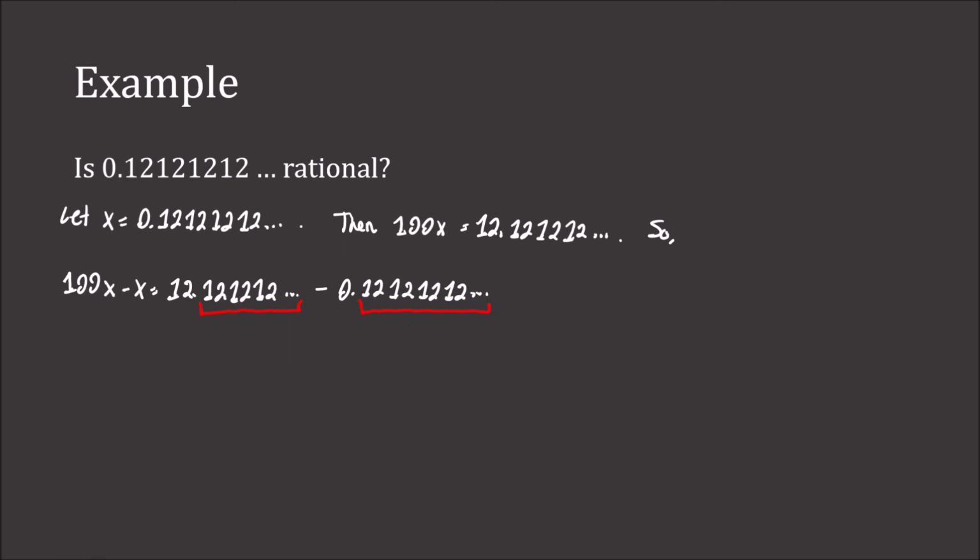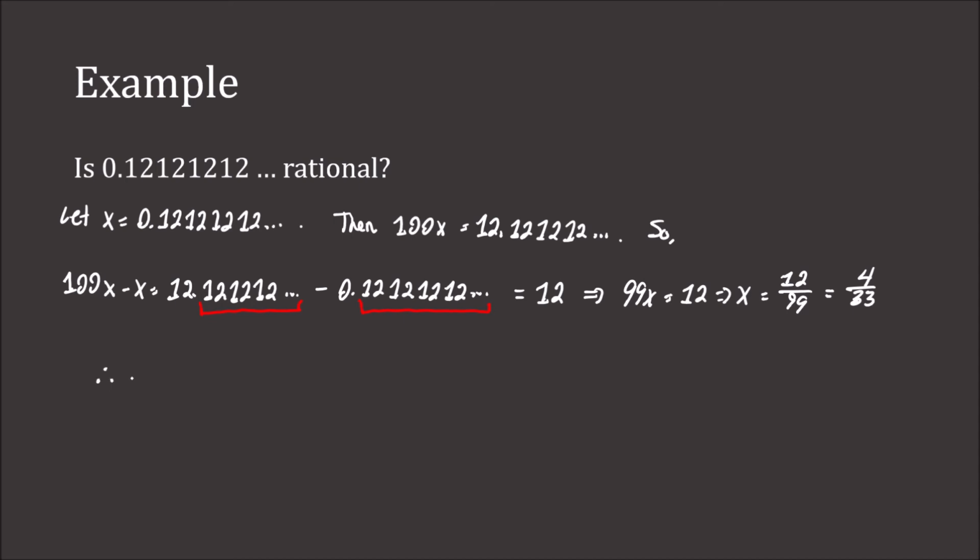So the decimals will drop out and we're left with simply 12. However, 100x minus x is 99x. So we have 99x is equal to 12. And so x itself would be 12 over 99, which is 4 over 33.